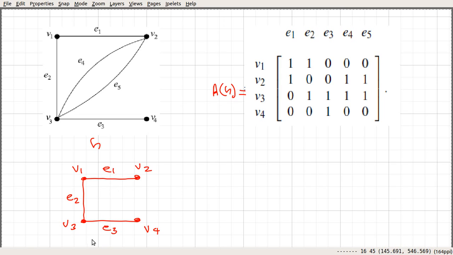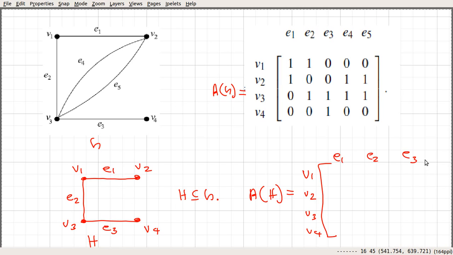Let this be our graph H, and very easily we can see that this H is a subgraph of G, and so let's find the incident matrix for this graph. So it has four vertices, so it will have four rows, V1 to V4, and the number of edges is 3, so it has three columns, E1, E2, E3.